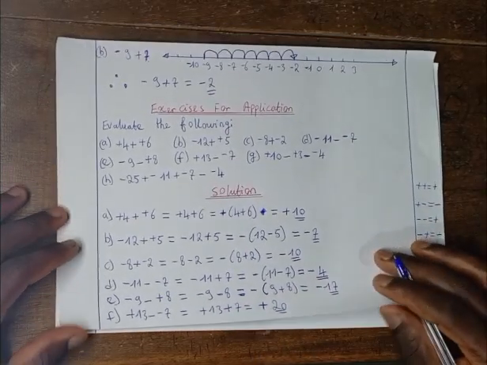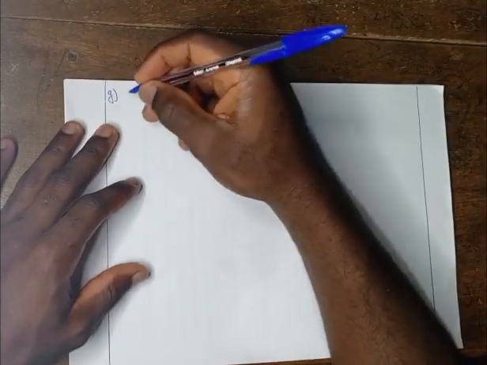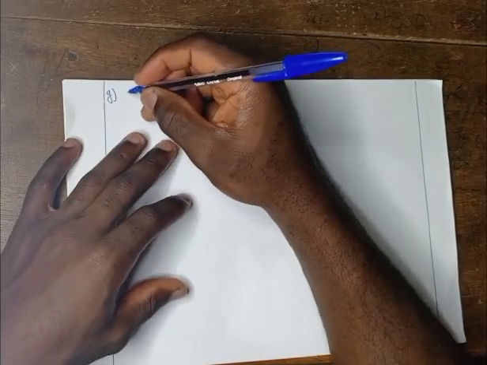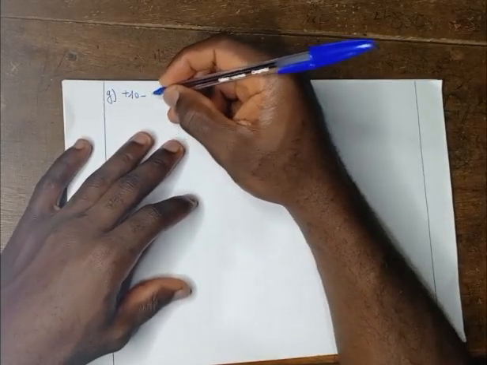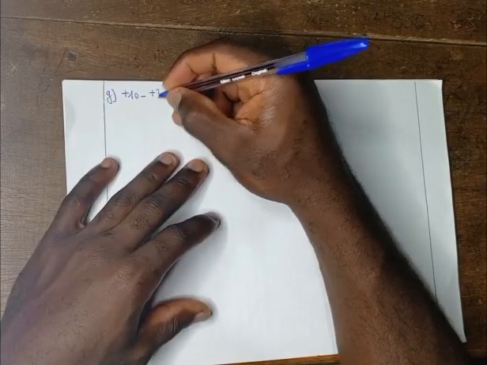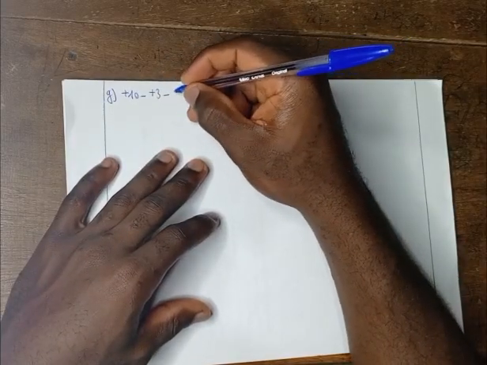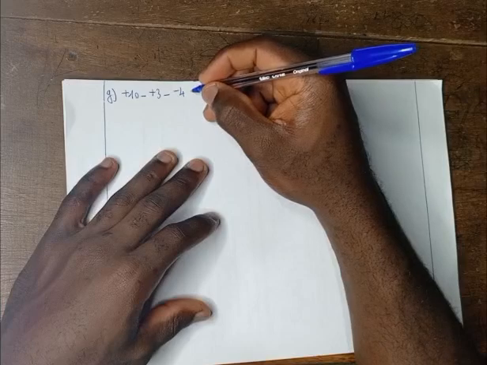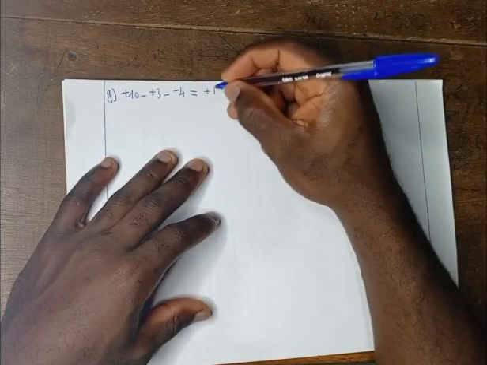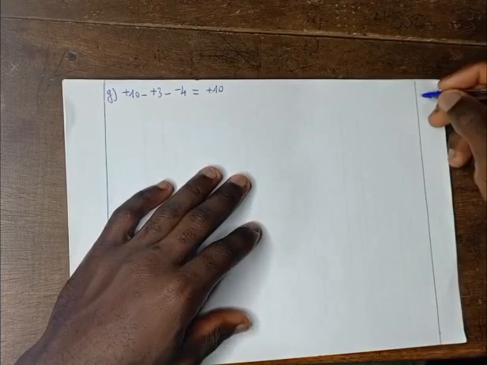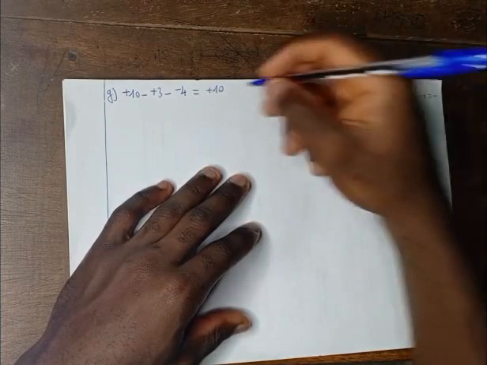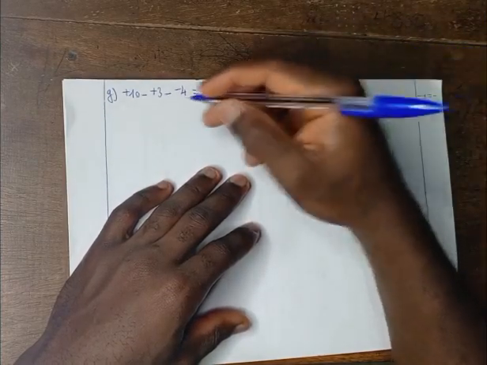We go now to the next question, which is question G. For question G, we have positive 10 minus positive 3 minus negative 4. This will simply be equal to positive 10. We know negative positive, the resulting sign will be negative, minus 3.